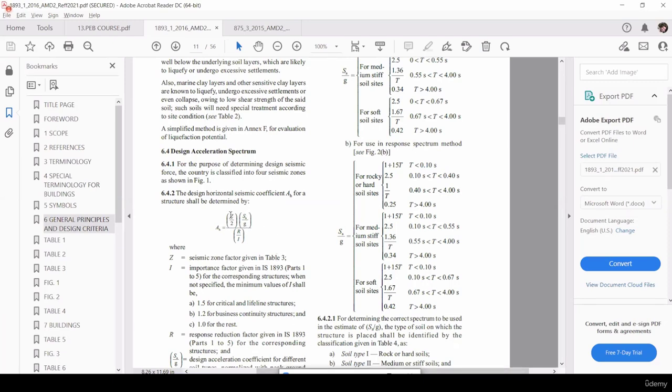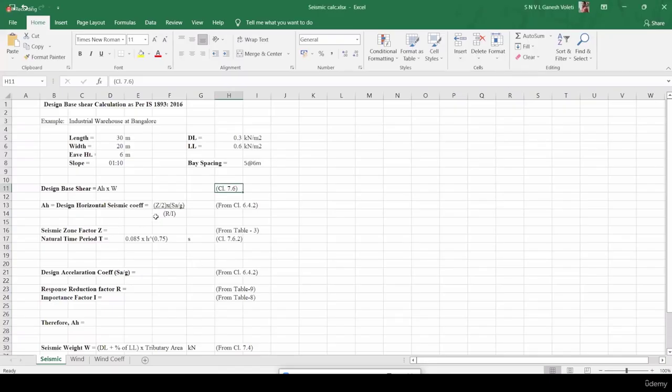Every variable has a particular meaning here. Z is nothing but the zone factor, seismic zone factor. It depends upon the building place, nothing but where it is located. SA by G is the design acceleration coefficient.